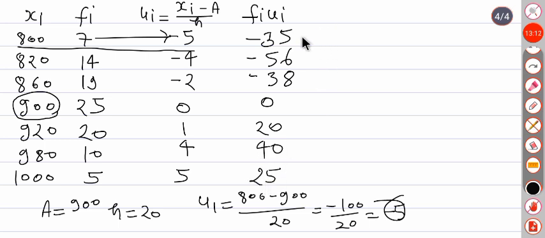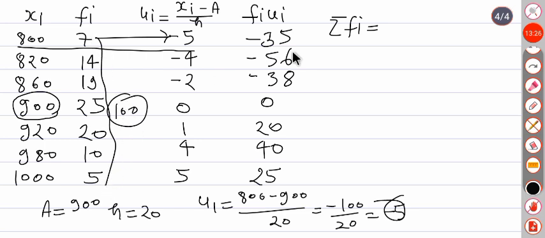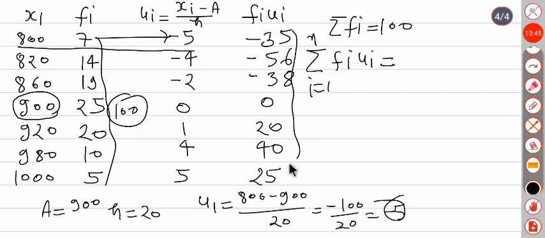Finally use the formula and plug in all the values. You will require the sum of all frequencies, so if you add all of them that will be 100. Check it. Now you will require the summation of fi ui from 1 to n, and you should also try this one, which is minus 44.